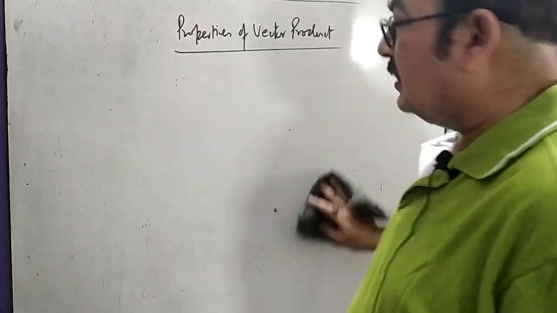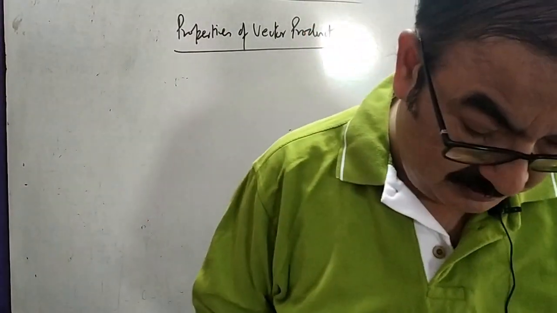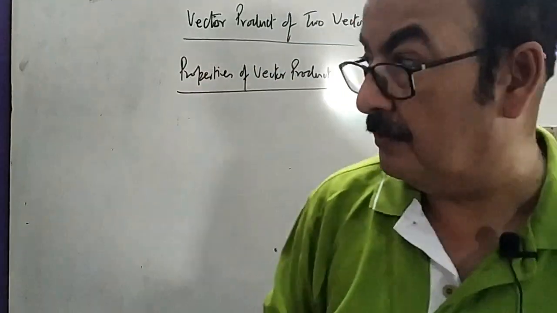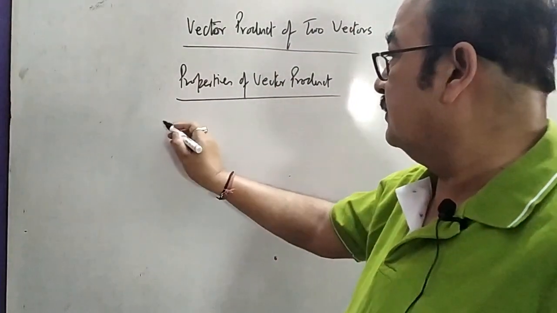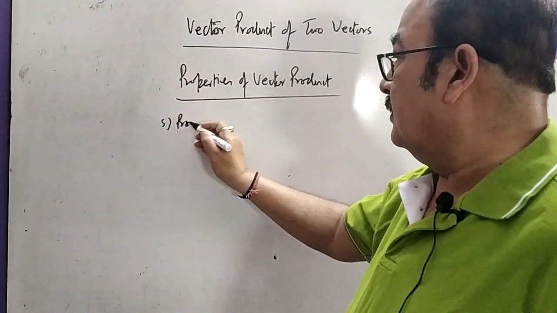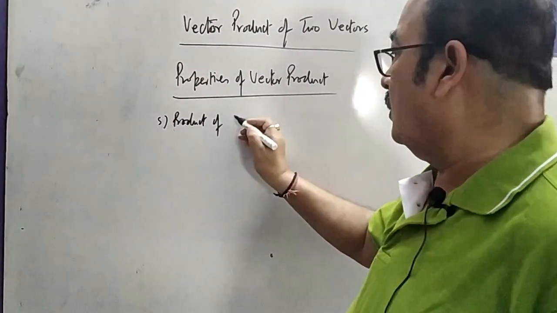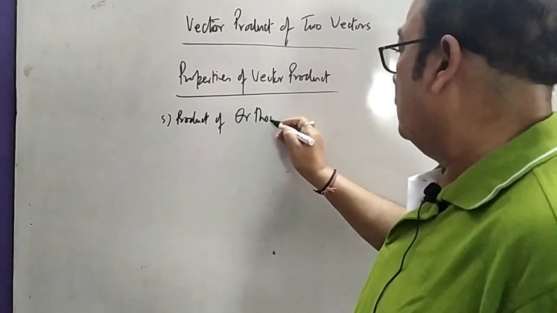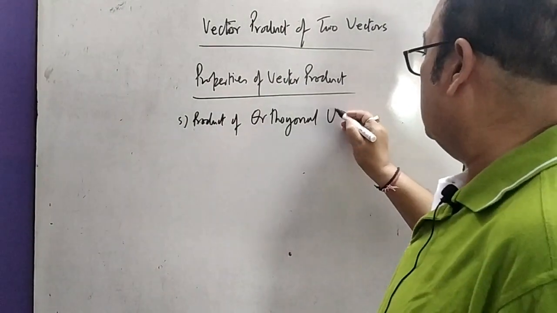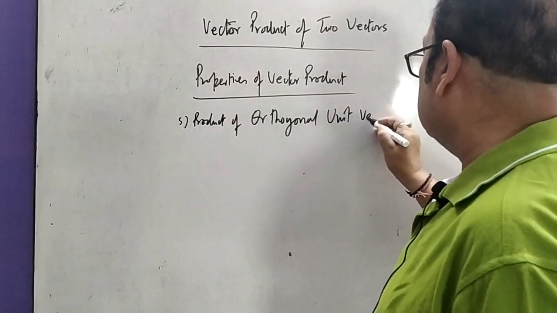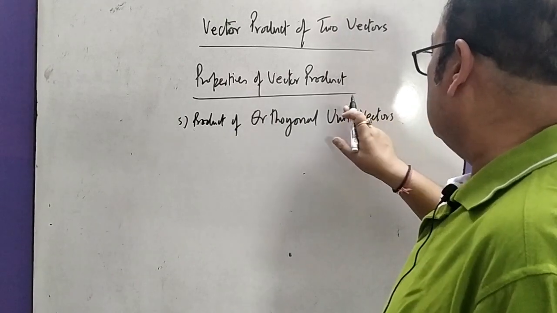Okay. This is the fourth point, and after having all the 4 points, what about the orthogonal unit vectors? We have to have the fifth point, the product of orthogonal unit vectors.